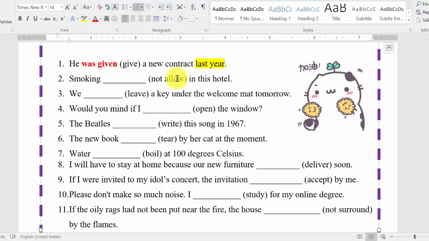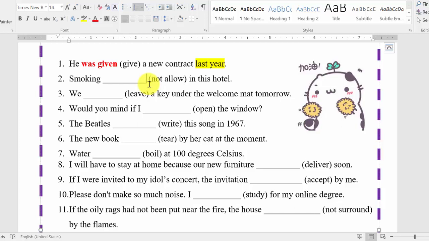Can smoking allow itself or not allow itself in the hotel? No, right? This action must be done by a person. So this sentence should definitely be a passive sentence, allowed by someone. It's just that the person, the by, is not mentioned here. So your answer should be simple present tense, passive: is plus PP.